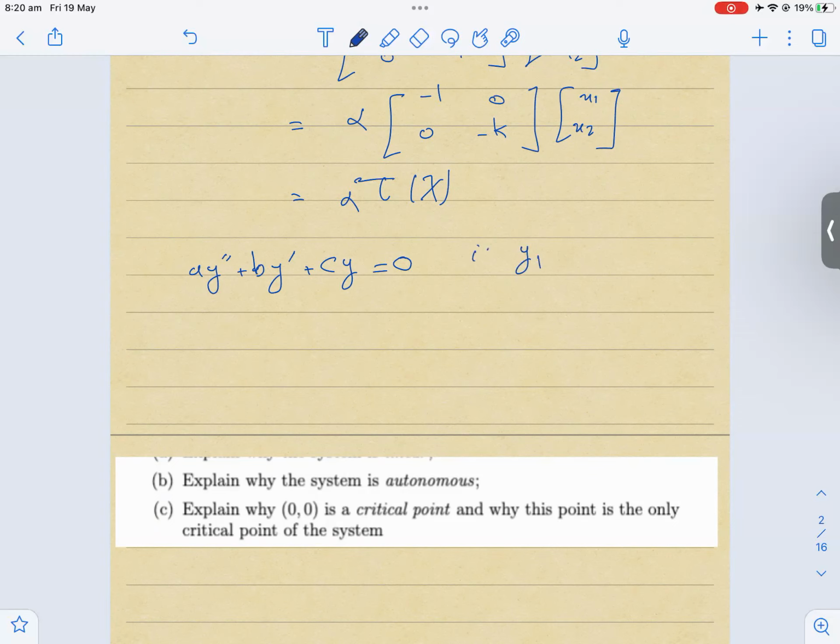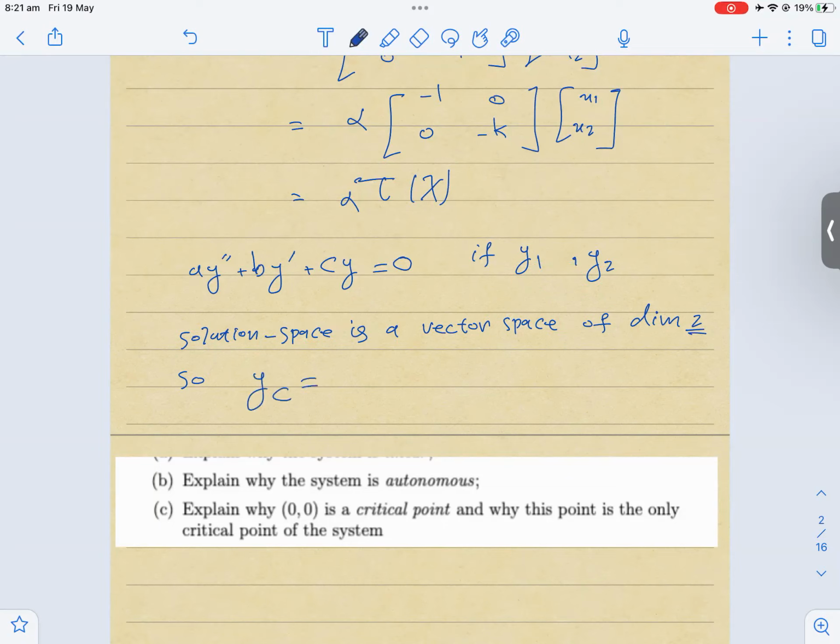Say y1 and y2 are solutions; the solution space is a vector space of dimension 2. Since y1 and y2 are independent, they can be considered as bases, and their linear combination is why we call it the complementary solution.